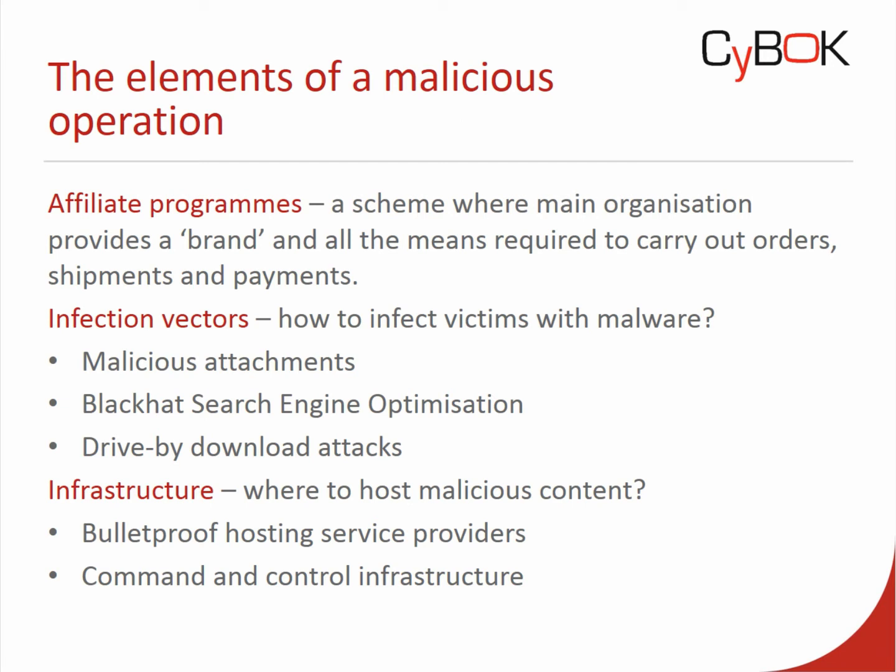The first one, which is maybe one of the most important ones, are affiliate programs. So we have affiliate programs in legitimate services where typically someone is carrying out the entire backend of the operation. So let's say Amazon has an affiliate program. I can sign up and start advertising on my blog about products advertised on Amazon.